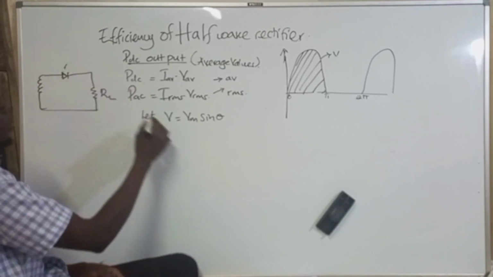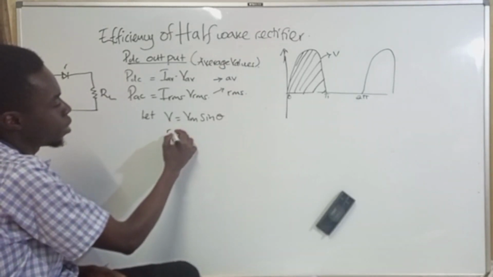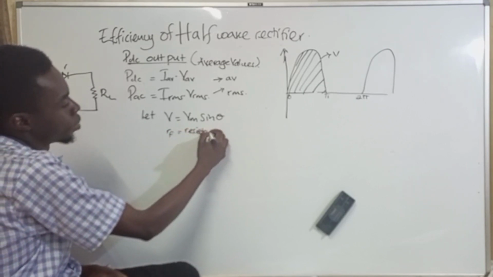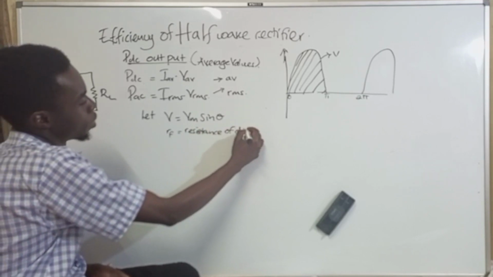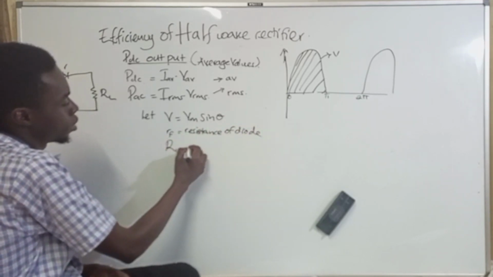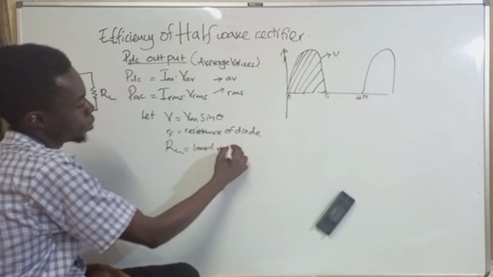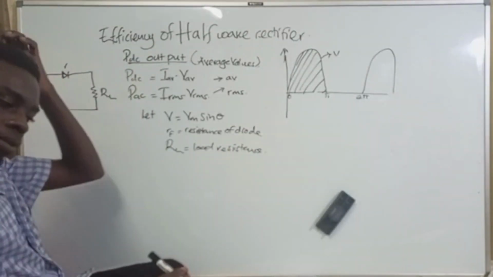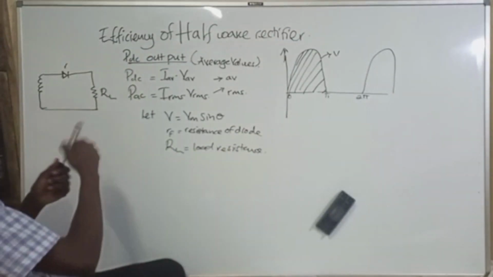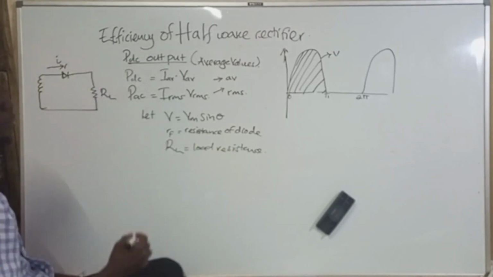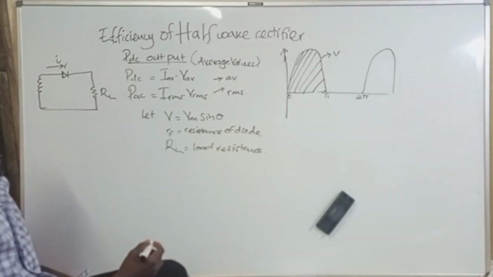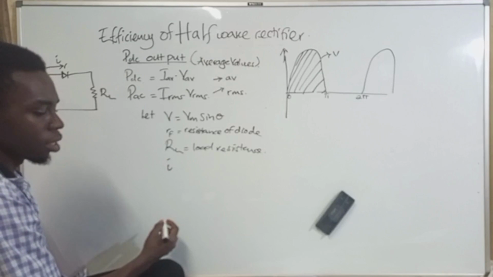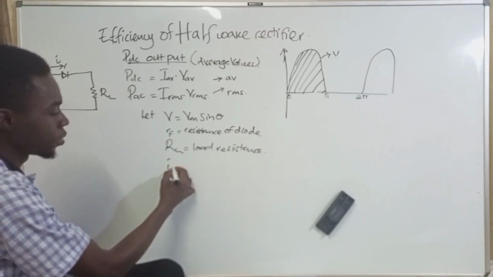So if the forward biased diode has a certain resistance, resistance of diode, and RL is the load resistance, okay? The average current that is going to be flowing here, let me call it an average current, small i, okay? The DC current, which is I average, okay?